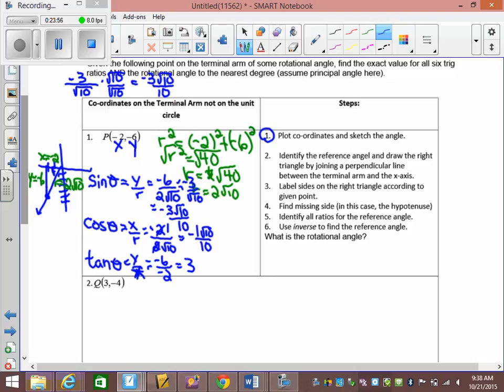So if I do cosecant theta, oops, I'm going to get root 10 over 3, negative 3, or negative root 10 over 3, because I like having the negative on the top personally. Cos is secant. And I'm going to use the negative 1 over root 10 version, because when I flip it, it's negative root 10, yeah?